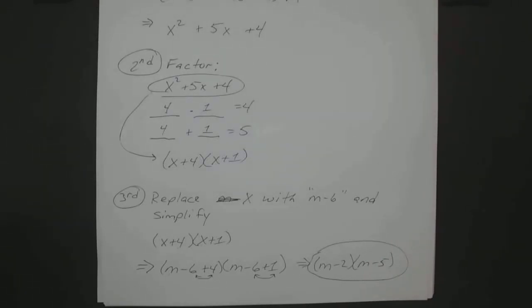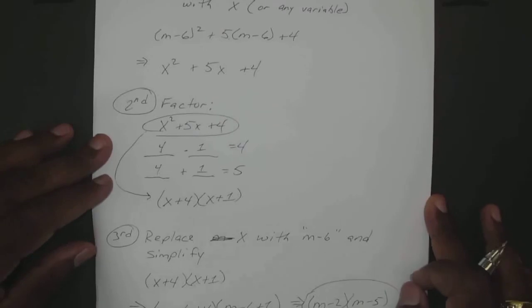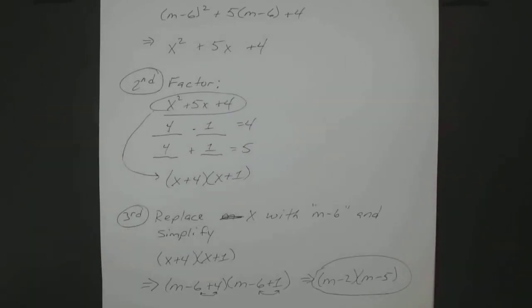Okay, so that would be the factor of the original messy looking one. All right. Any questions on that one? I think we'll stop there for now since we're running out of time.